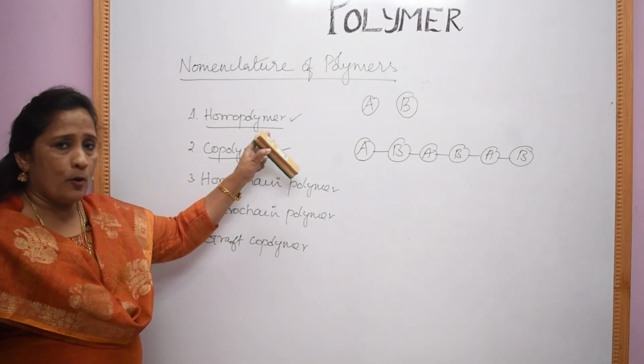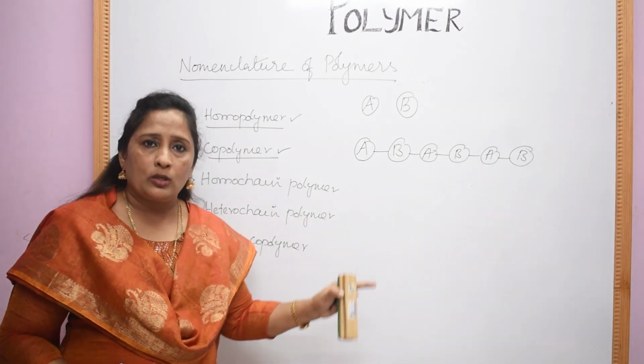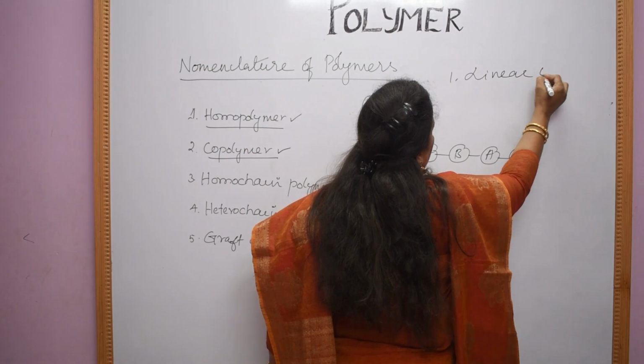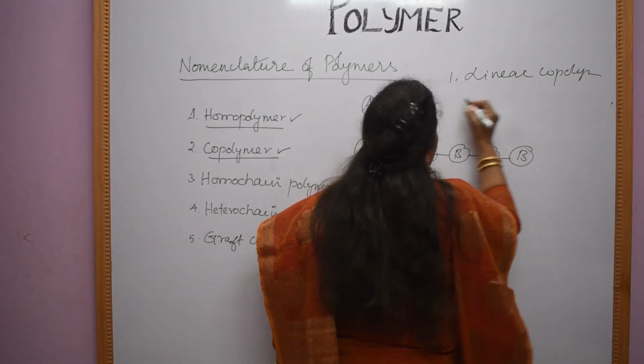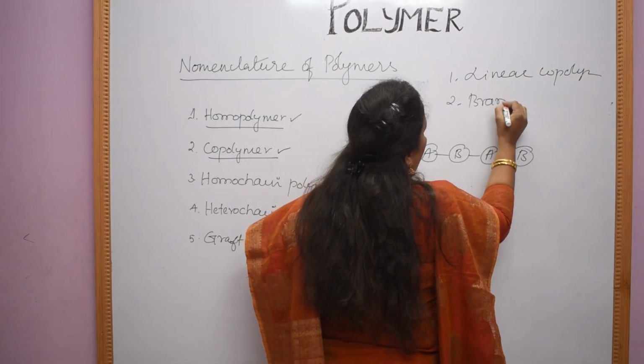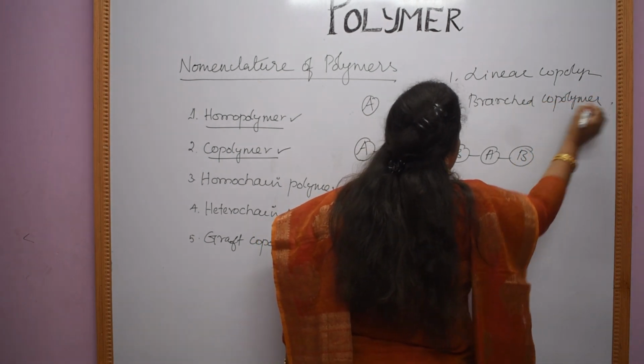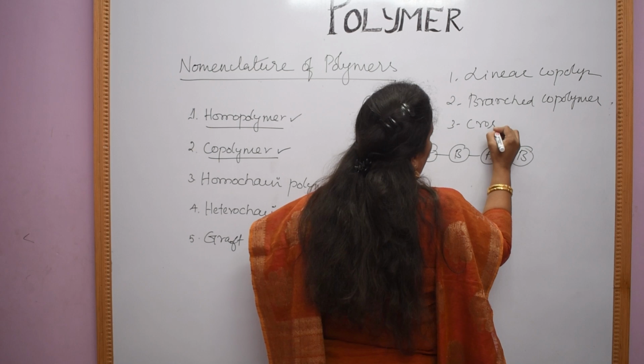Just like the homopolymer, copolymers are also classified into linear copolymer, branched copolymer and cross-linked copolymer.